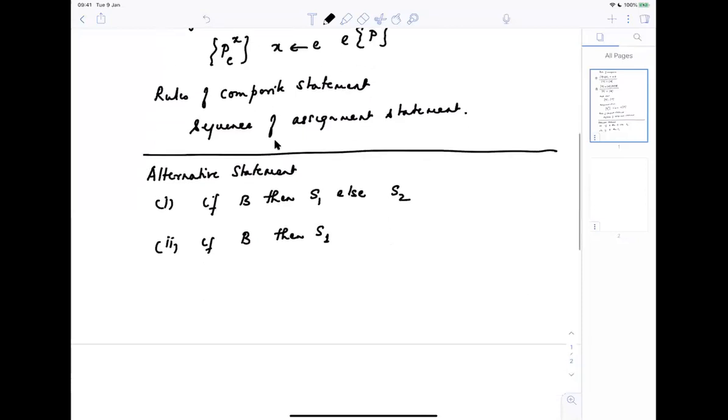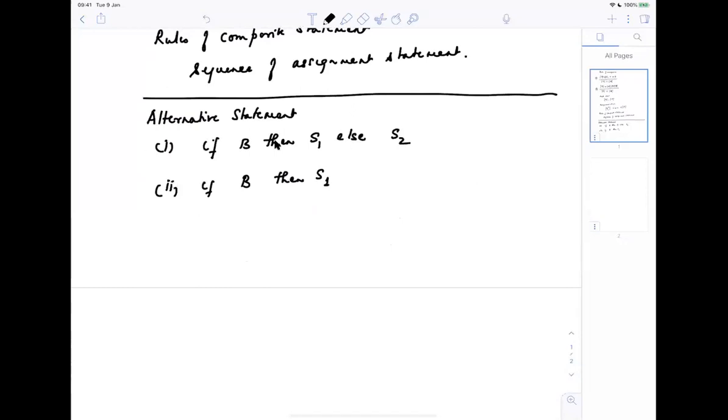So what we're talking about over here is the following. Let us look at the first one. Here what we assume is that B is a Boolean expression, and S1 and S2 can be statements which may be composite. Okay, that's what we have.